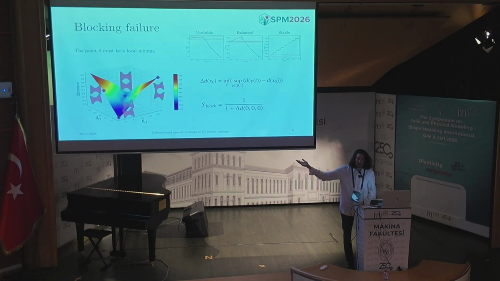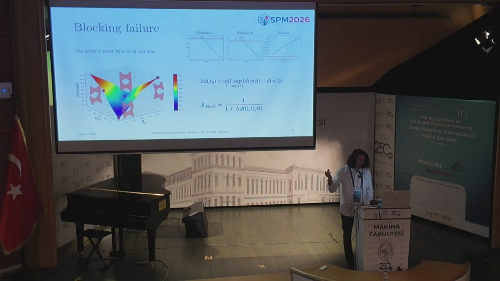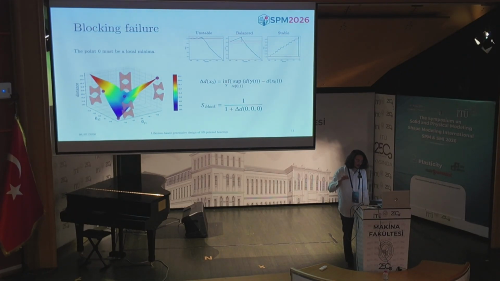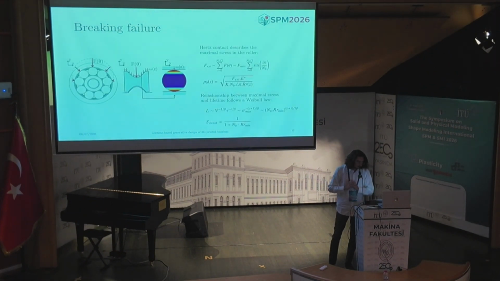And like this, we can directly check this by verifying some trajectory in that surface, and then create the blocking score, which is proportional to that local minimum. So how to escape from this score or not. And the harder it is to escape, the better it is for the bearing. That was for the blocking score.